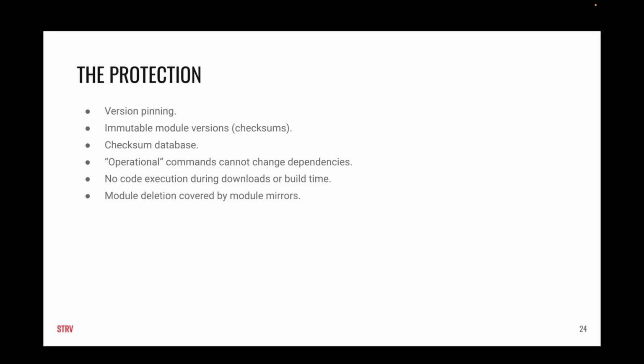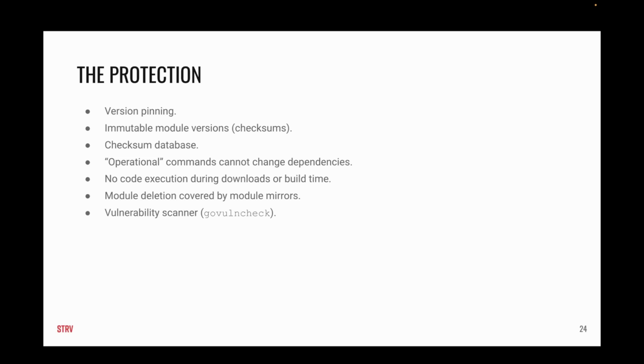And you don't have to worry about someone taking down the module. Go proxy has that covered. So once you first download the module and become dependent on it, you can be sure that it will always be available and your build will succeed every time.